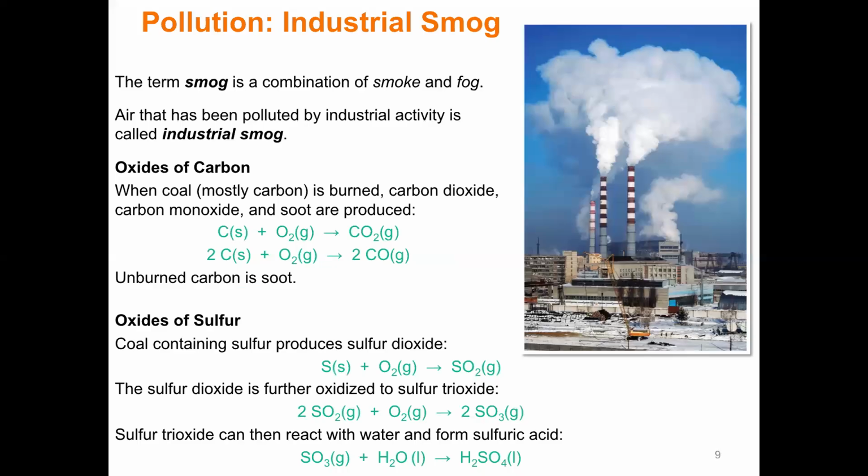The burning of that coal contains sulfur, and we're making sulfur dioxide here, and this can then be further oxidized to sulfur trioxide, and then it can react with water in the atmosphere, and then we get sulfuric acid. So you can see that this is quite an issue. And in here, unburned carbon is up here, soot, all right? That would be particulate matter as well, all right?